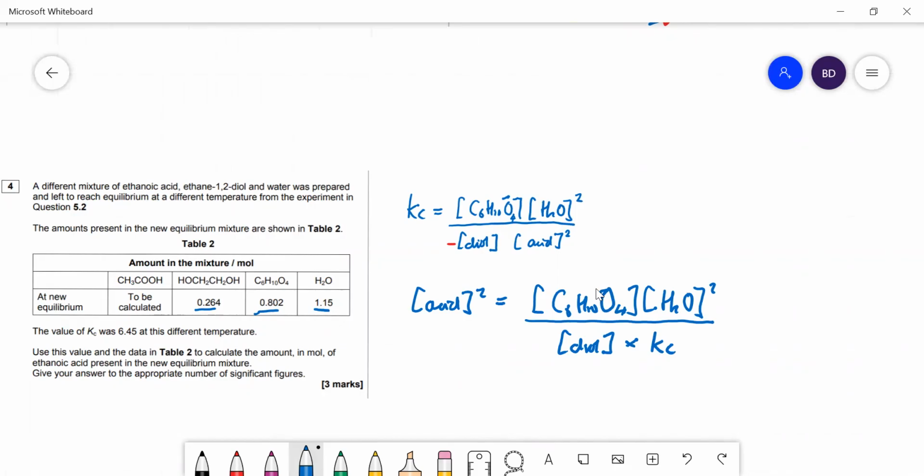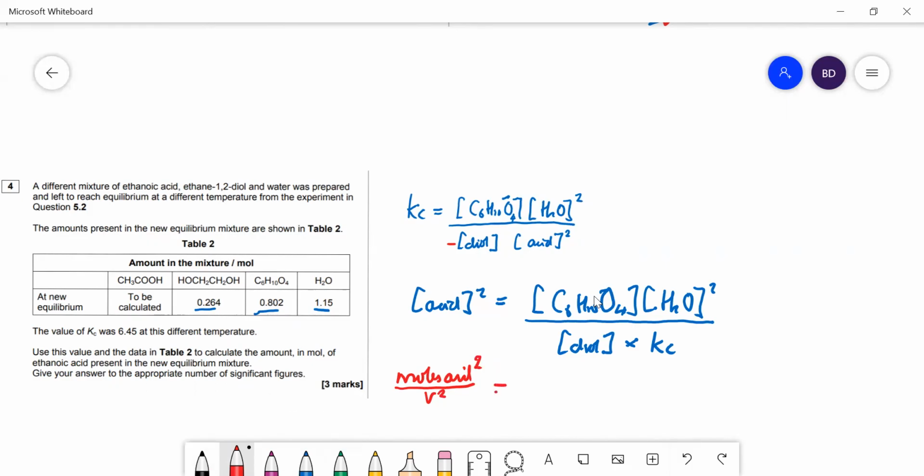Right, so now we're going to start putting in some numbers. The acid concentration squared I'm going to call moles of acid over V, all squared. What that lets us do is multiply that bracket out, and we get moles of acid squared over V squared.